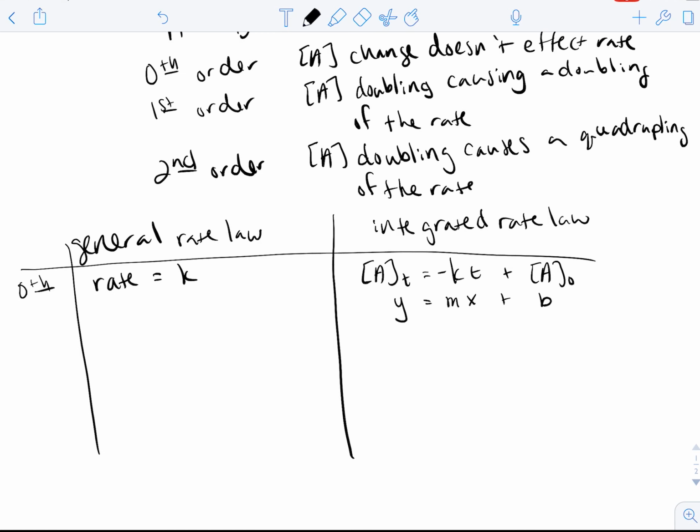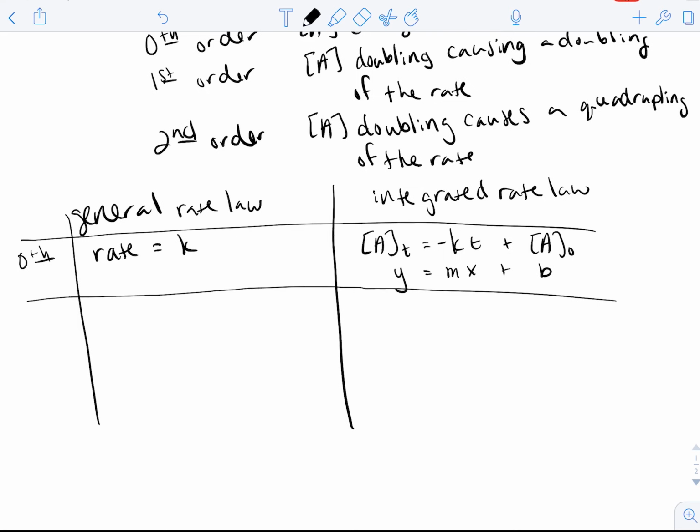When we look at plotting our concentration versus time. Okay, if we have a 1st order process, our rate is equal to k times A, and our integrated rate law is ln A at time t is equal to negative kt plus ln A naught.